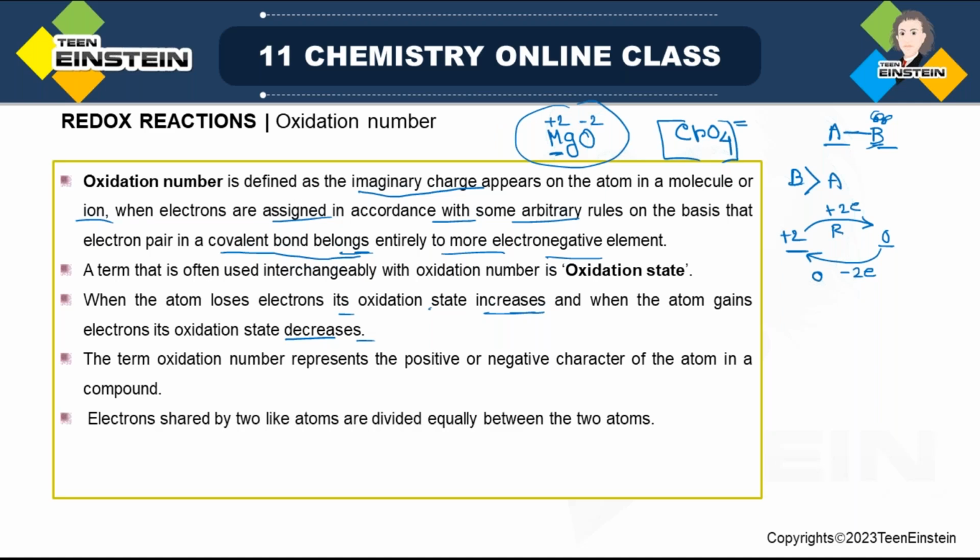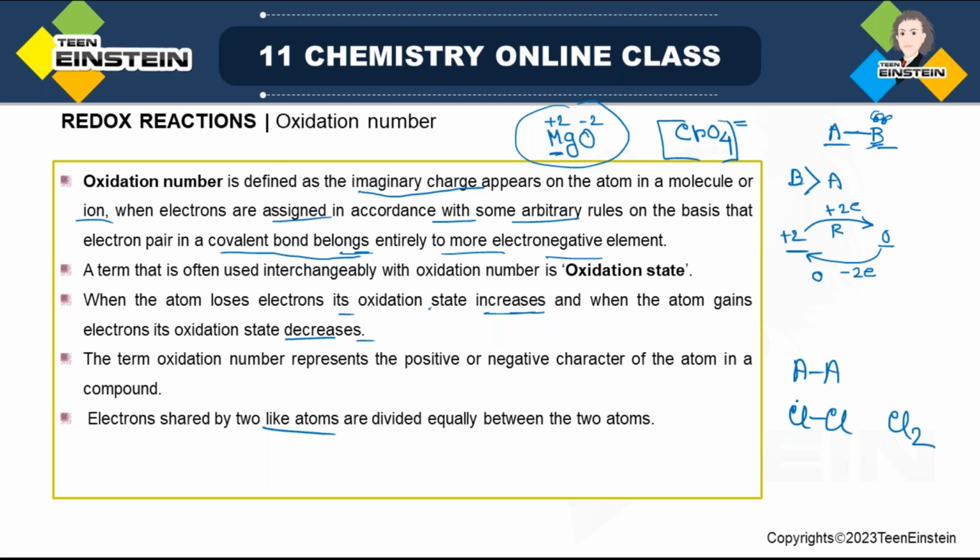Electrons shared by two like atoms are divided equally between the two atoms. Two like atoms means the same atom. Suppose there is a bond, or I am writing here chlorine, chlorine. That means it is a diatomic chlorine molecule. Then electrons are shared equally.